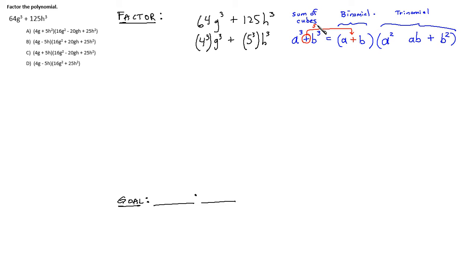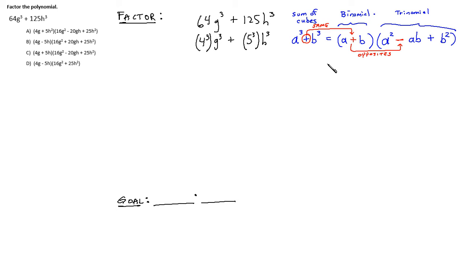So these signs are the same. But to get the sign of this middle term in the trinomial, what we have are opposites. So if this is a plus on your binomial that matches the sum of cubes, then in the middle you make this minus. And now you have the formula for sum of cubes.